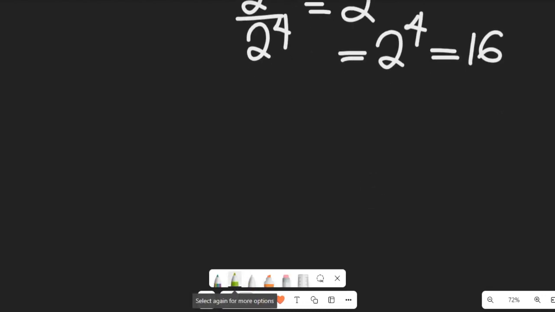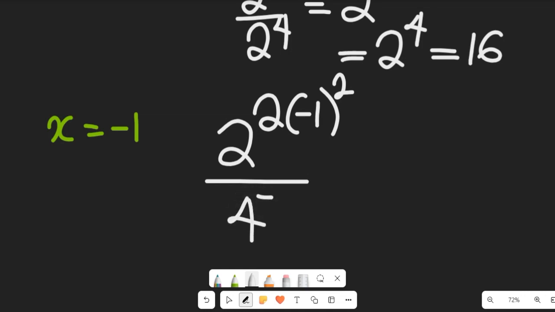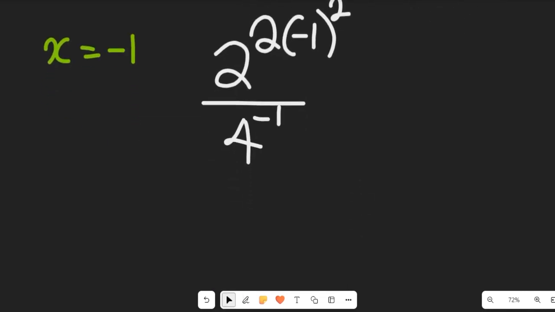How about having x equal to negative 1? Is it a solution? Let's check out x equal to negative 1. That expression will give us 2 to the power of 2 multiplied by negative 1 all squared, divided by 4 to the power of negative 1. So what will that expression give us? Negative 1 squared is going to give us 1.